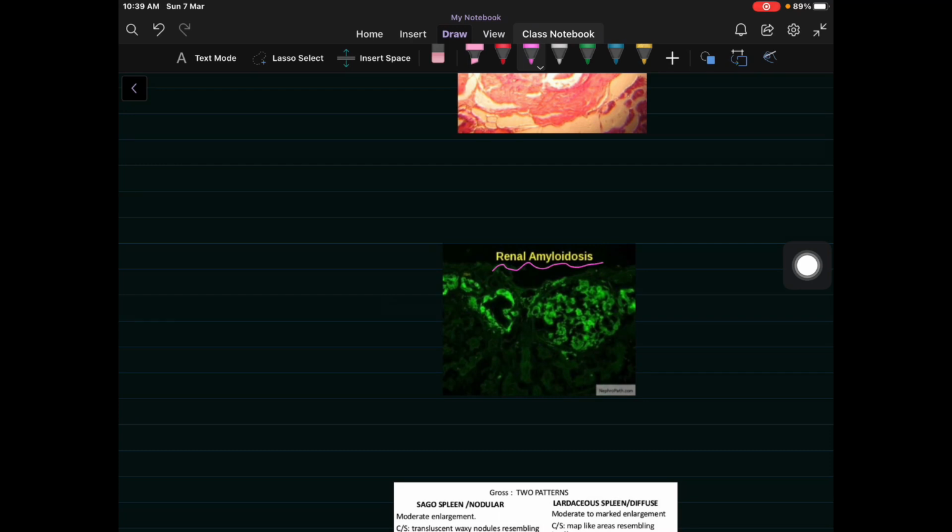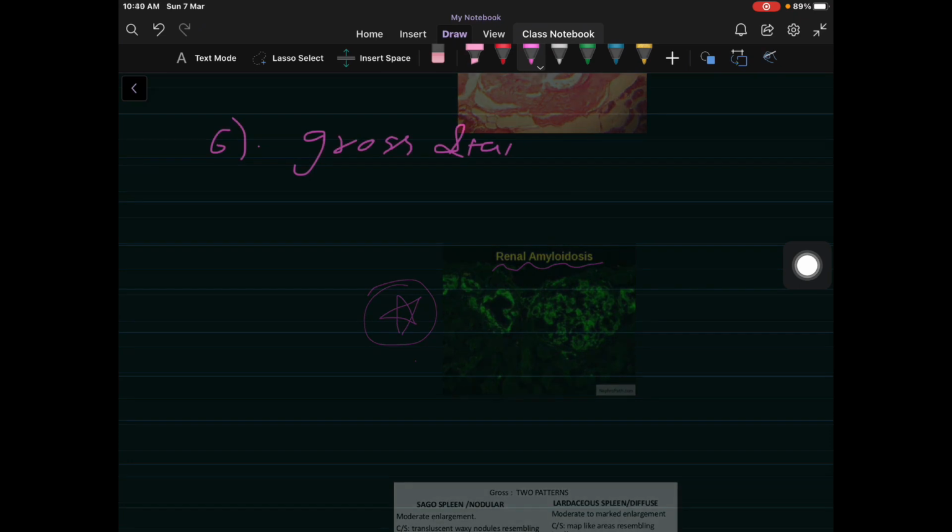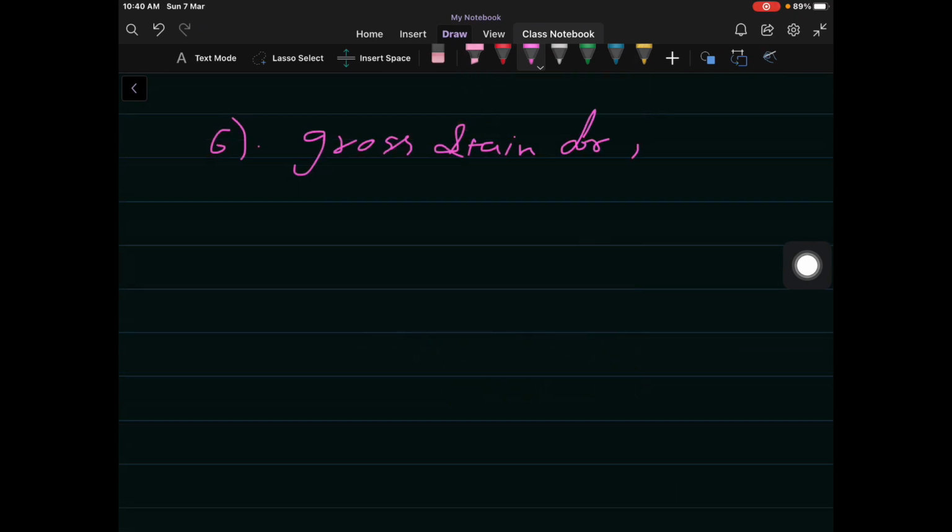Then the most important: this is the renal biopsy stained with Congo red, which is giving the apple green birefringence under polarized light. Stain for amyloidosis.